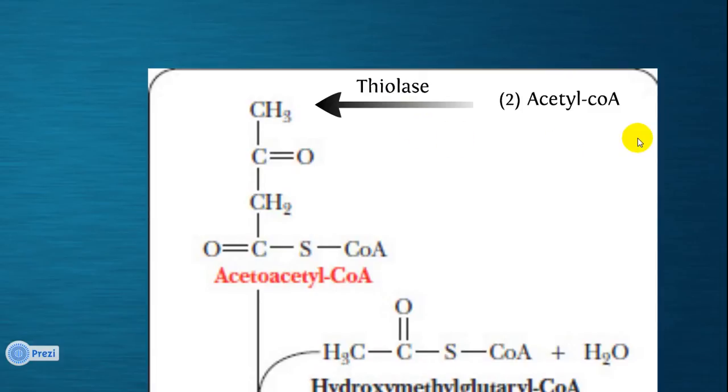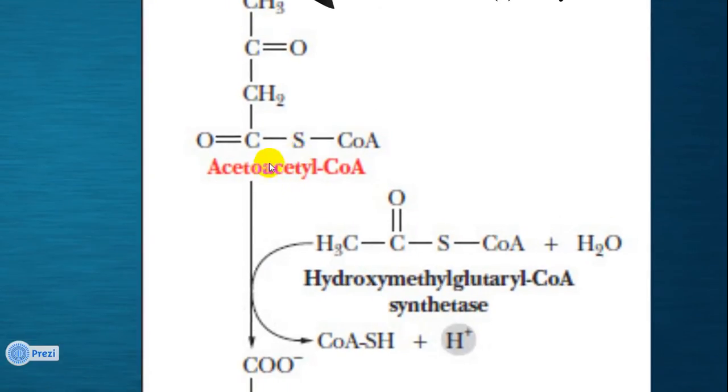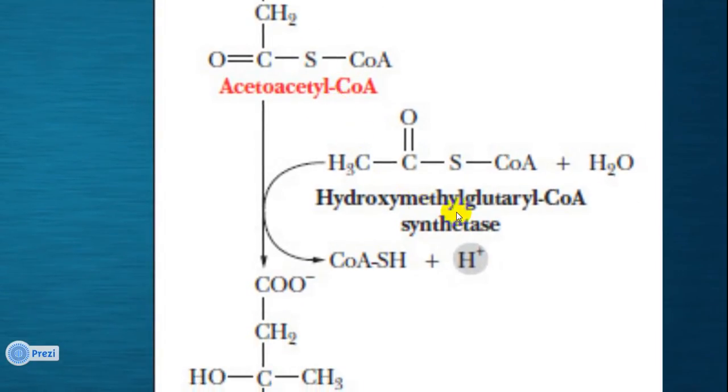The thiolase will remove one coenzyme A from one of the 2 acetyl, and the remaining acetyl will combine with each other to form the acetoacetyl-CoA. Now the acetoacetyl-CoA will react with an enzyme called hydroxymethylglutaryl-CoA synthetase. We have seen a brother of this enzyme before. It was called HMG-CoA synthase, but here we have synthetase.